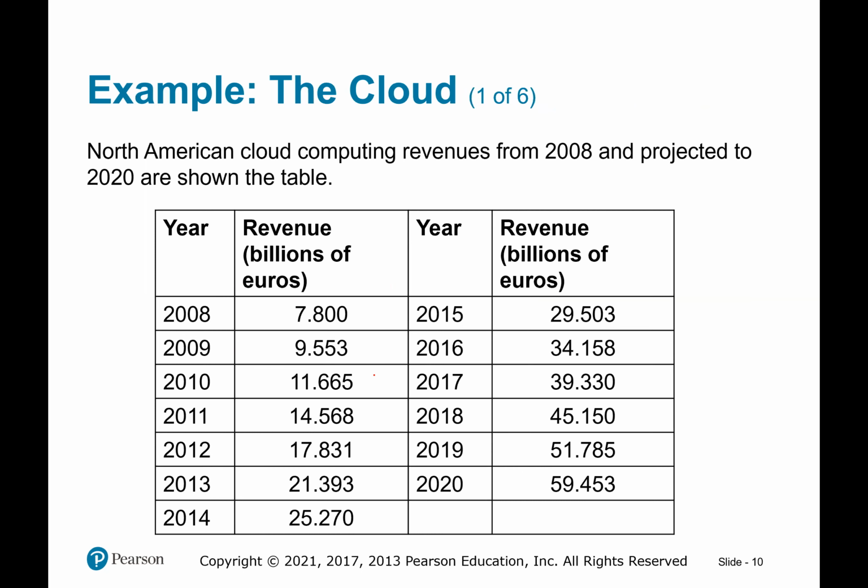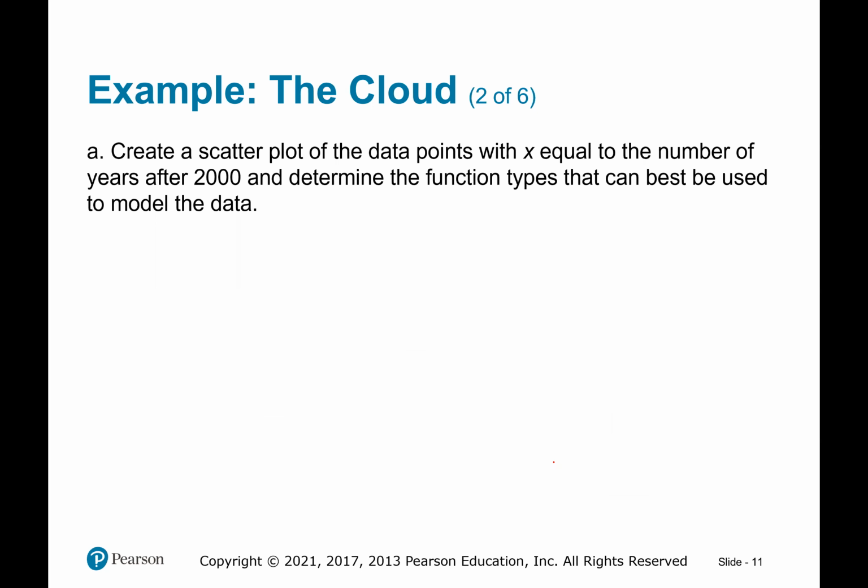North American cloud computing revenues from 2008 and projected to 2020 are shown in this table. And all I really need to know to put this in my calculator is how they want me to put in the year. I'm going to go to the next slide so I can see that. Create a scatter plot of the data points with X equal to the number of years after 2000.